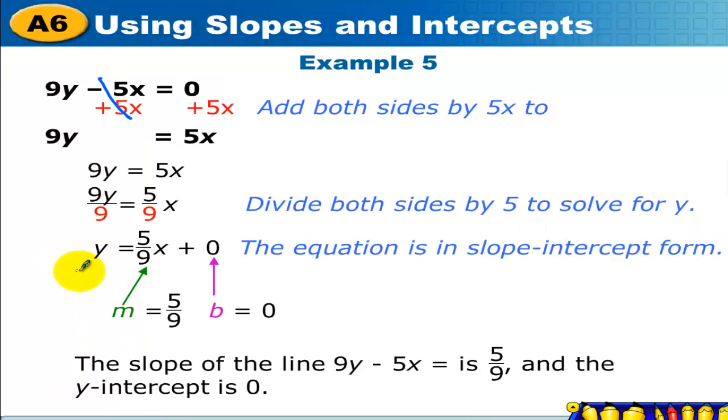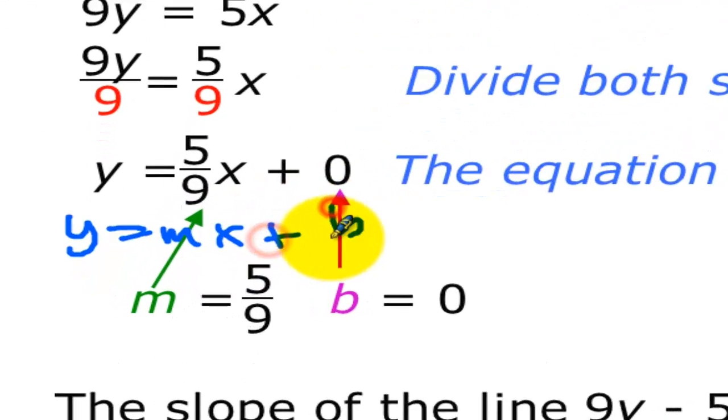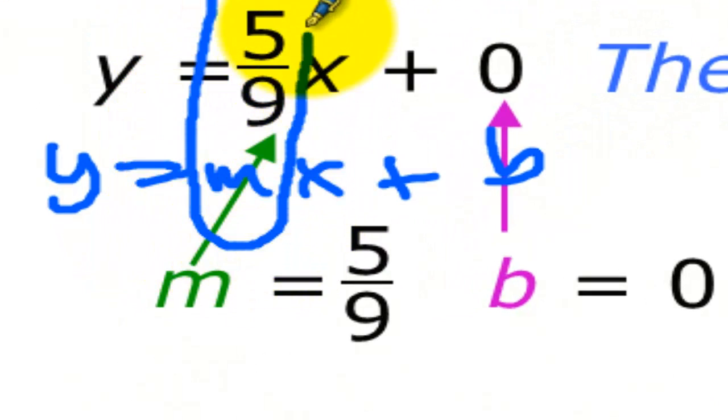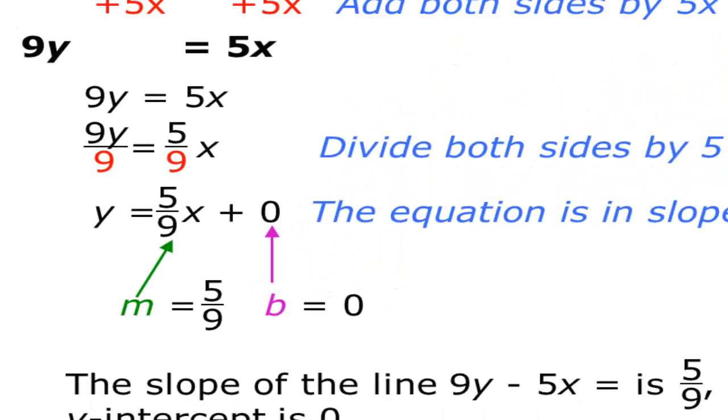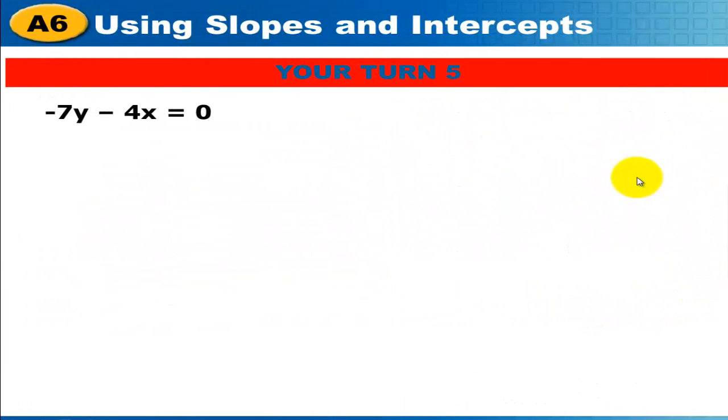So I have y equals mx plus b. My m is the number besides x, which is 5 over 9, and the y-intercept is 0. Your turn, number 5. Pause the video and find the slope and y-intercept of this line.